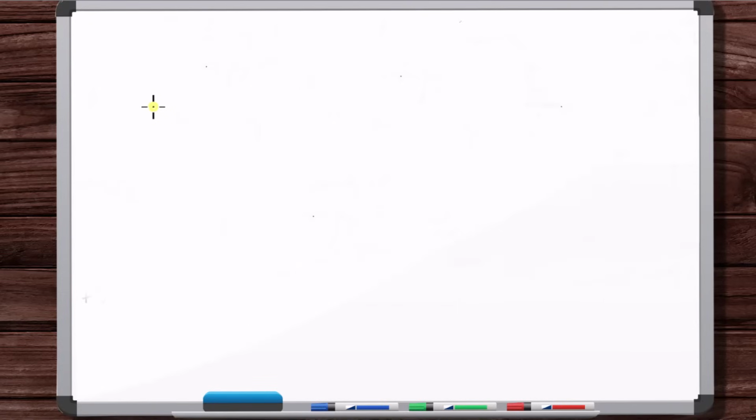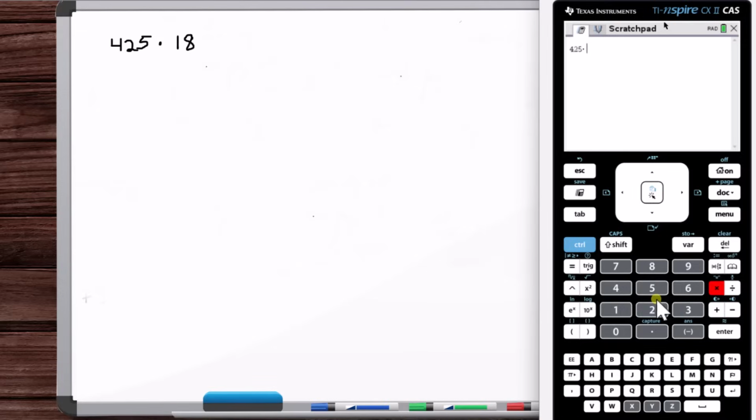Okay, multiplication and division. Let's say we have 425 times 18. Same process, just perform the multiplication and write out the maximum number of significant digits. So 7650.